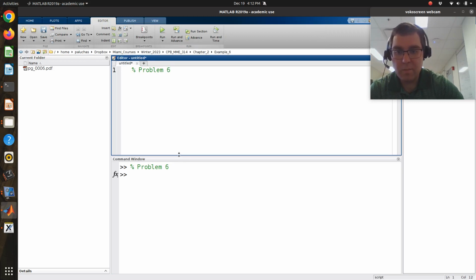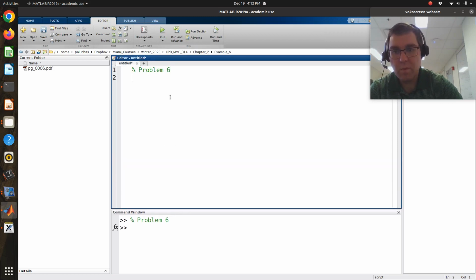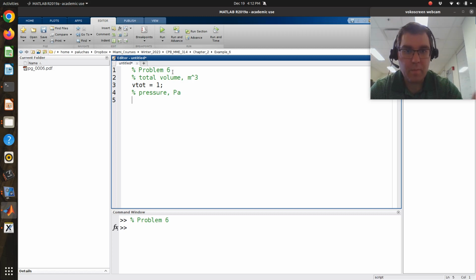In problem 6, V total is equal to 1, and that's 1 meter cubed. Now pressure, and I'm going to convert it to pascals. Well, let's do pressure in bar first. So P in bar is equal to 20.